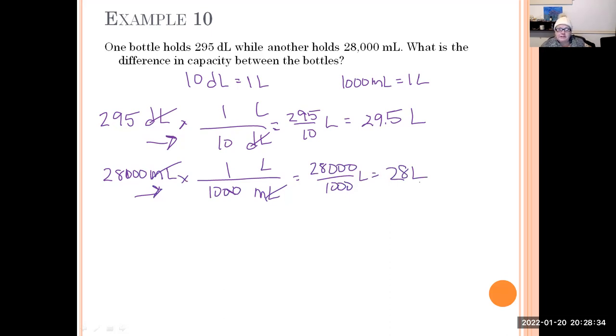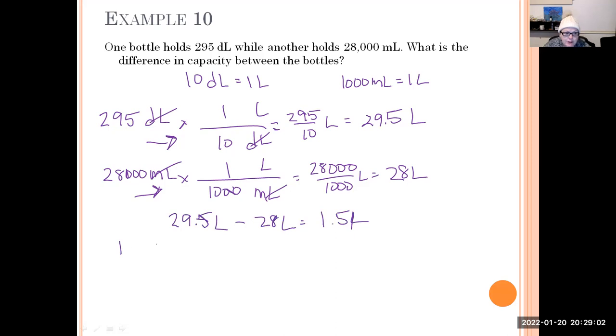We can find the difference in capacity between the bottles just by subtracting the 29.5 and the 28. So 29.5 liters minus 28 liters is 1.5 liters. So I would say the bottle that holds 295 deciliters is 1.5 liters larger than the one that holds 28,000 milliliters. Okay.